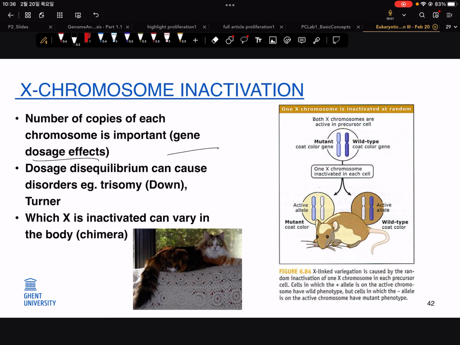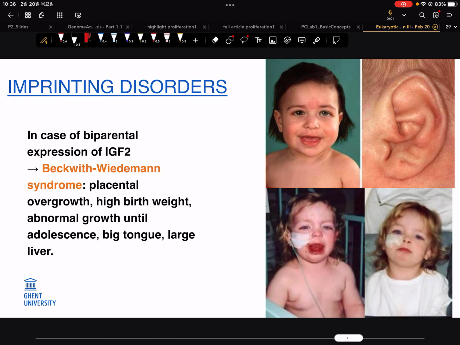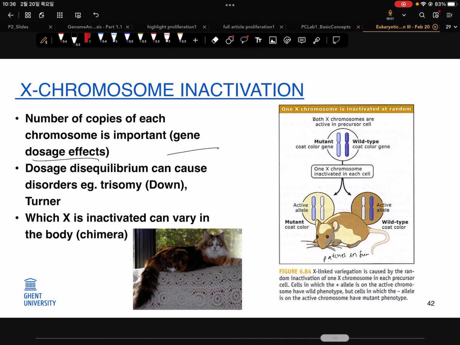And it can vary in your body, and that leads to those cats, for example, or mice as well, with lucky spots, different patches on their fur, different colors of their fur, caused by a gene encoding an enzyme that is responsible for color formation being inactivated in some parts of the organism, and not in other parts, and therefore you get this fur that has different colors.